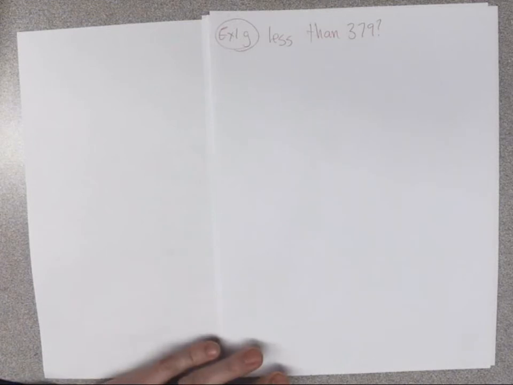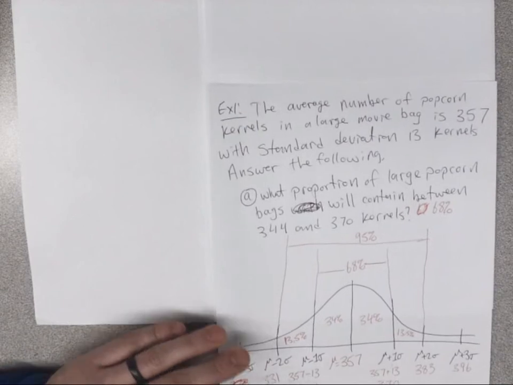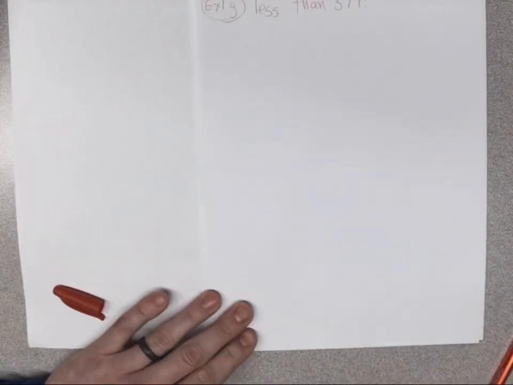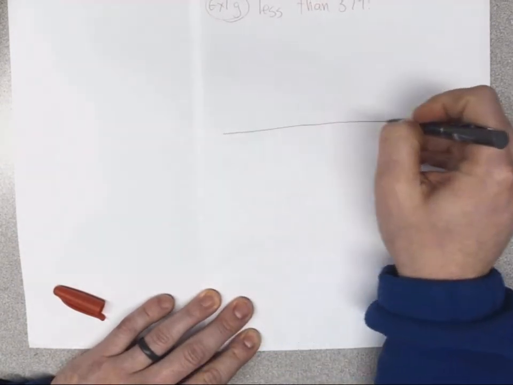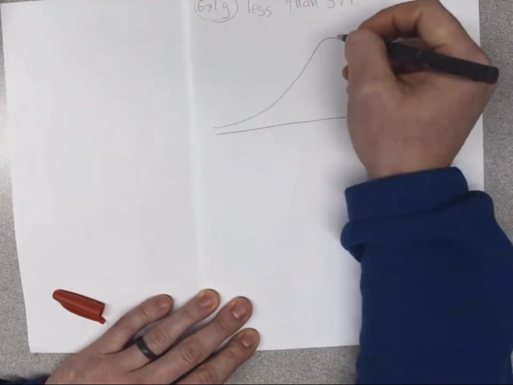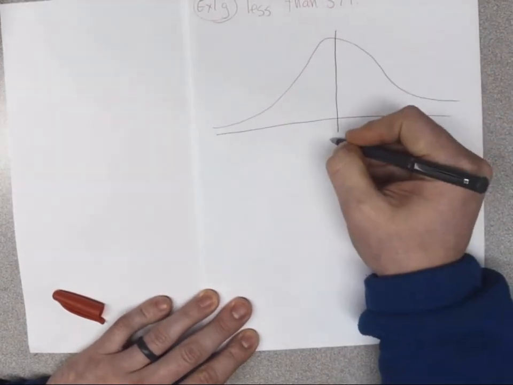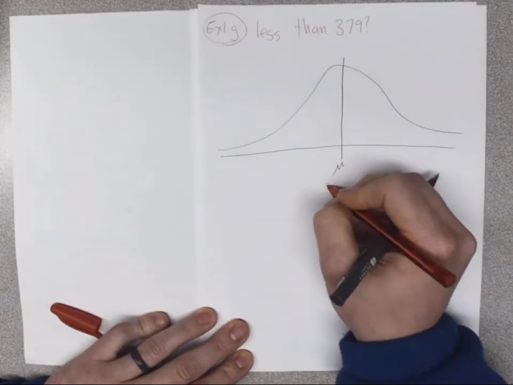All right. Let's come to our table here. And in fact, let's draw a new one, because that one's a little out of date now. All right, here's our mean, mu, which is 357.